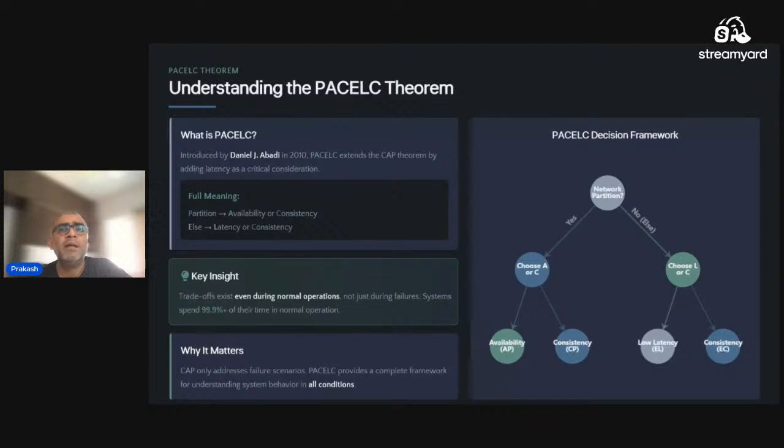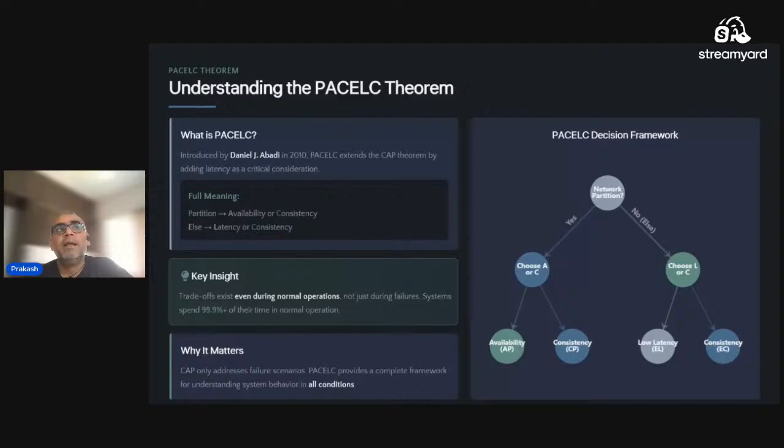They are not saying it's a brand new thing, but they extended it to make it a more comprehensive algorithm. While CAP is primarily focused on distributed scenarios, PACELC covers both scenarios, whether you are distributed or not. So it's a comprehensive algorithm.